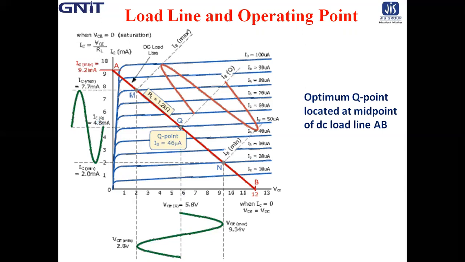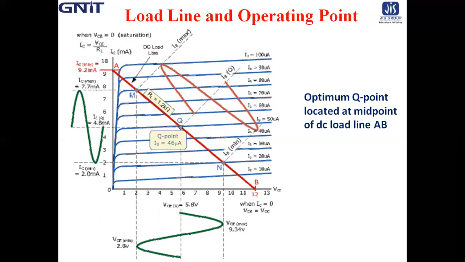The supply voltages and resistances in the circuit are chosen properly to obtain the desired Q point, which gives the quiescent values. Q point means quiescent point. So these are the quiescent values of currents and voltages to operate the transistor in the active region.